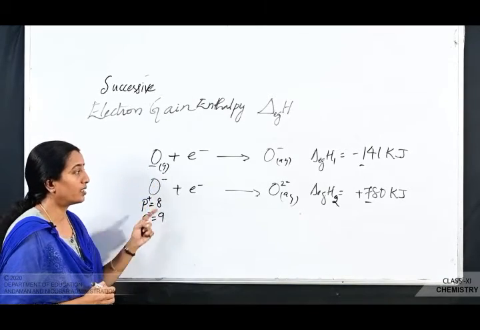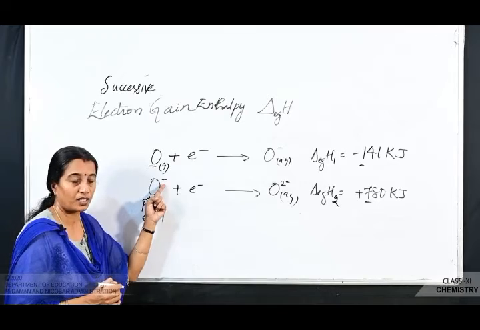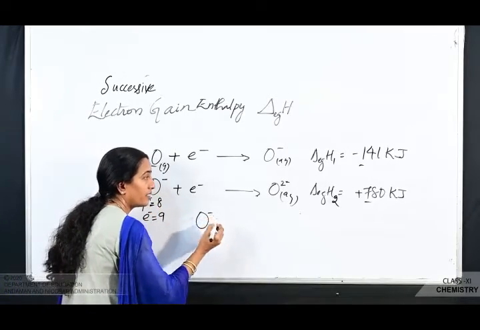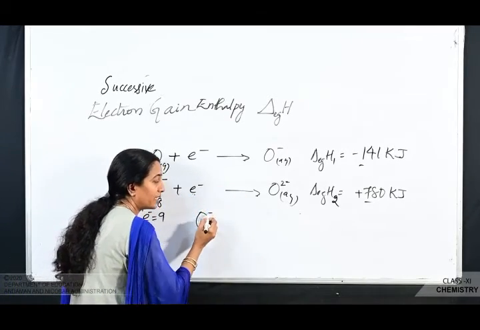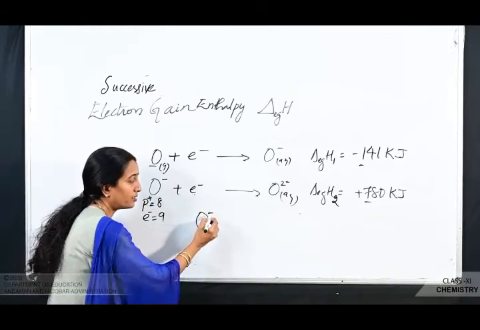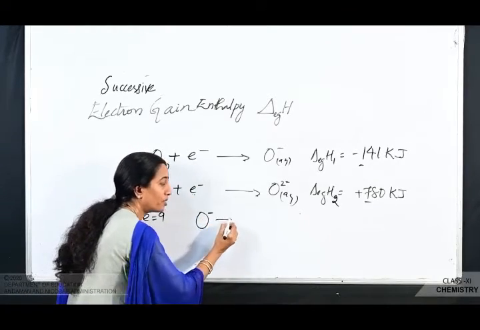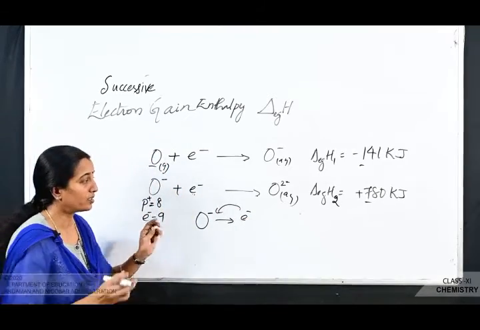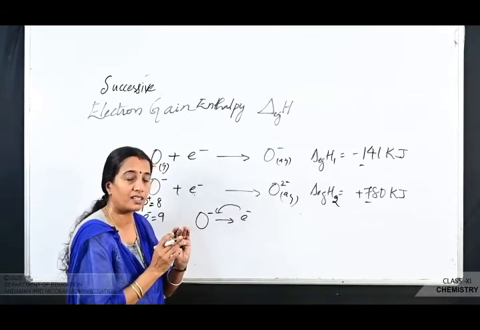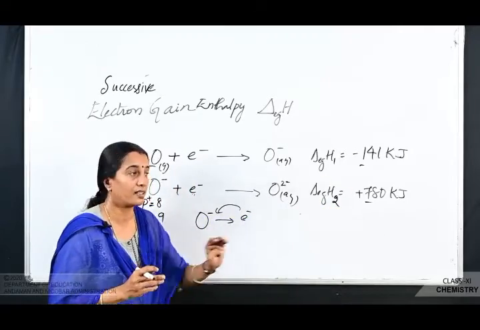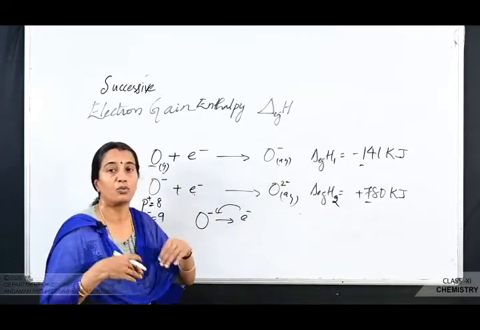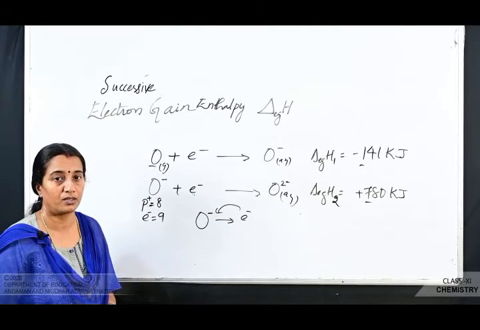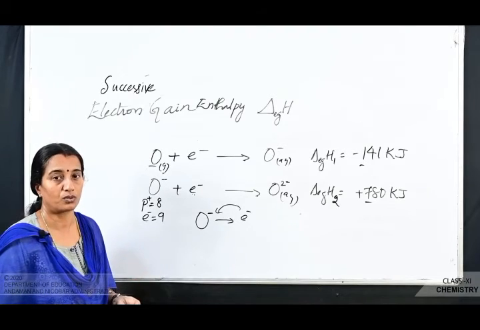That means इलेक्ट्रॉन ज्यादा हो गया, तो अभी इलेक्ट्रॉन किसके पास आ रहा है? That means the electron is added to the negatively charged oxygen. तो यहाँ पे this extra electron is going to repel the incoming electron, जो इलेक्ट्रॉन आ रहा है उसको रिपल करेगा. और रिपल्शन हो रहा है तो उसके लिए क्या चाहिए? More energy सप्लाई करना पड़ेगा. That is why in the second you are finding that more energy is to be supplied. Okay, that is, the energy change is more.